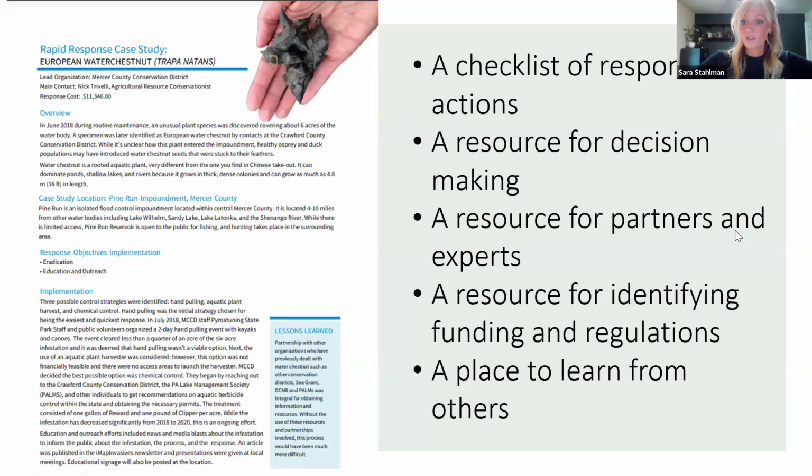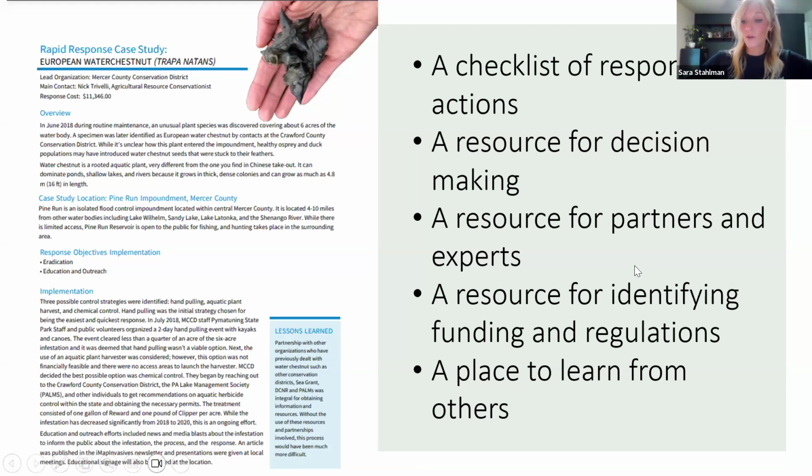It's also a resource for identifying things like funding opportunities. You've got to have the funding to take action, and also various regulations. Do you need a permit to take action? All of that information is available in the rapid response plan.